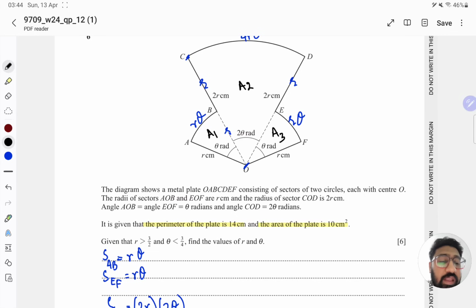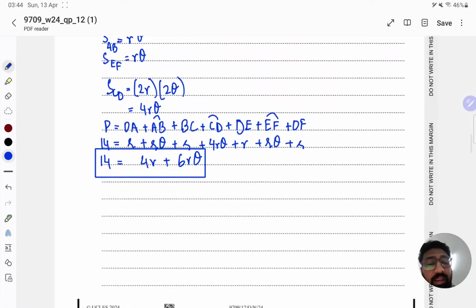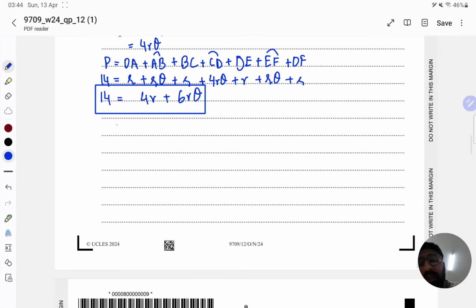We can set it equal to 10, which is given to us. Let's first find area 1. Area 1 is 1 by 2 r square theta. R is r and theta is theta, so there is no need to change anything. Similarly, A3 will also be 1 by 2 r square theta.